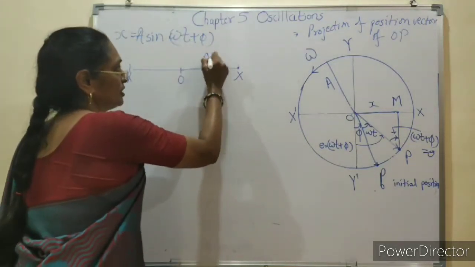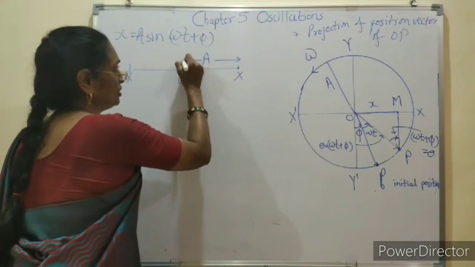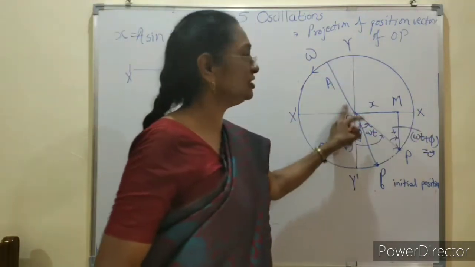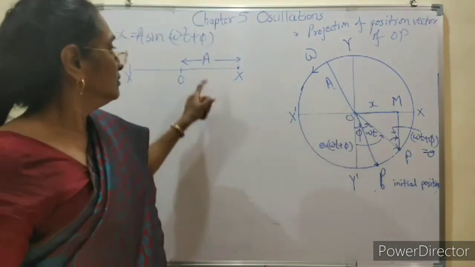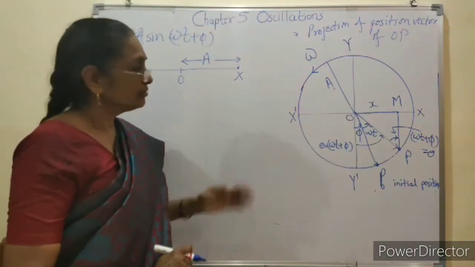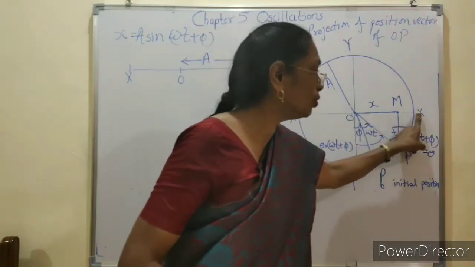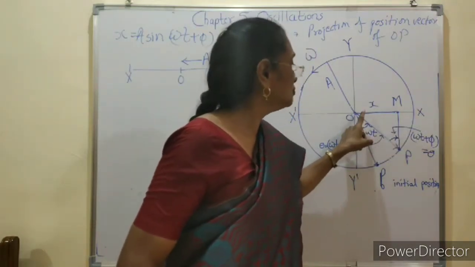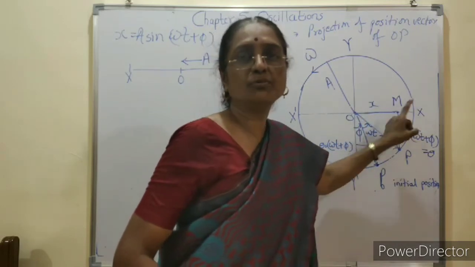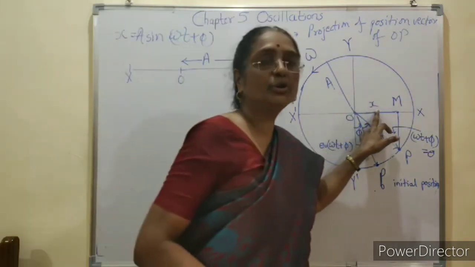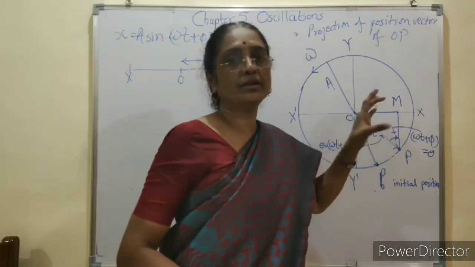The maximum displacement from the mean position is shown by letter A. Here radius of circular path is A. Here there may be displacements having values from 0 to A. Means 0 is the minimum value, maximum value is A, and any value can be denoted by X or any letter say Y.